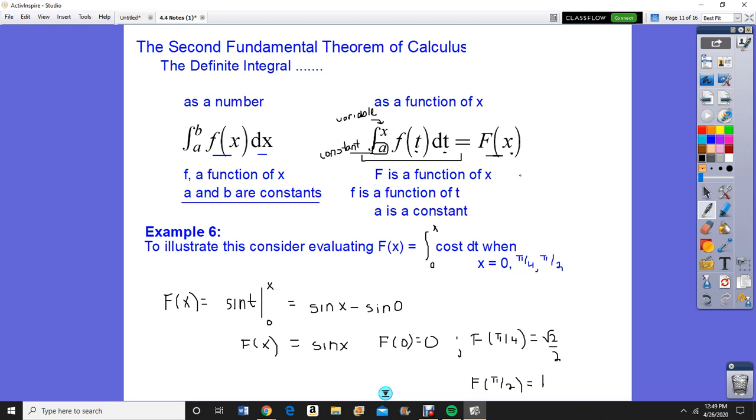So you can appreciate the, I guess, niceness of looking at this integral more so as a function as opposed to always just one constant.